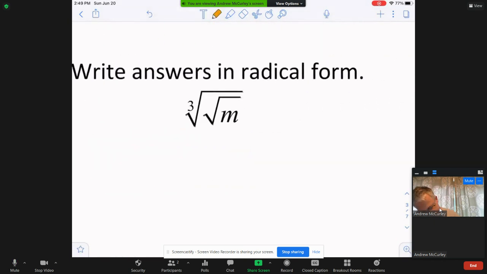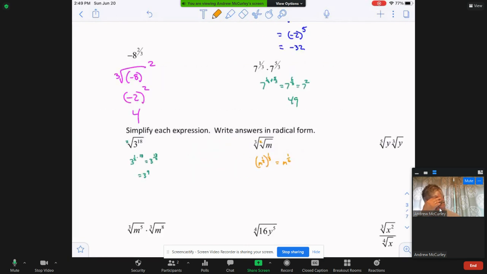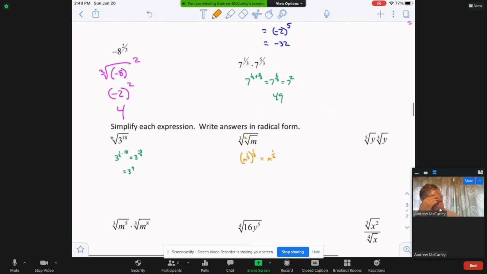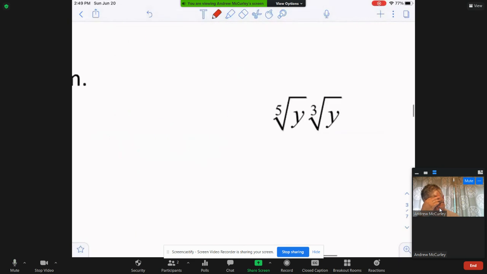I like this one. Okay, so M, this is a 2 right here, right? So this is M to the 1/2 power, all to the 1/3 power. Power rule of exponents. This is M to the 1/6. Okay? Same thing for the next one.